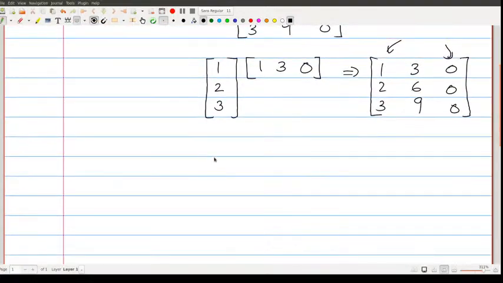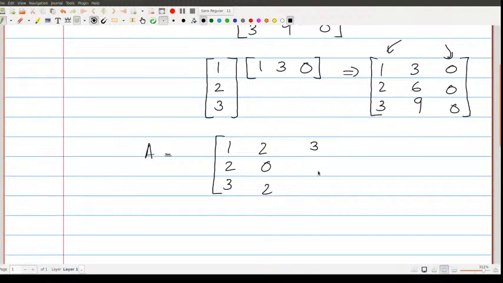And perhaps I can do a similar sort of thing for a matrix like the following. For example, I have 2 independent columns, so 1, 2, 3, 2, 0, 2, and perhaps the last column is a linear combination of these two independent columns.